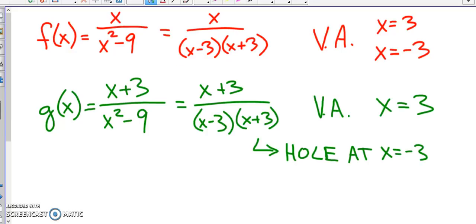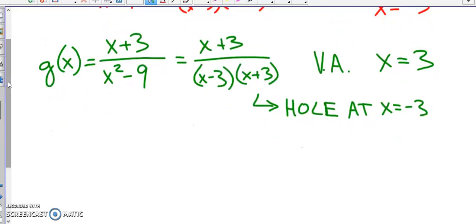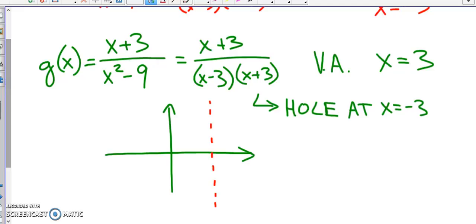So if I were to draw this graph, so if 3 is here, then this piece would look like this, and this piece would look like this, except at -3 it'd have a hole in it.